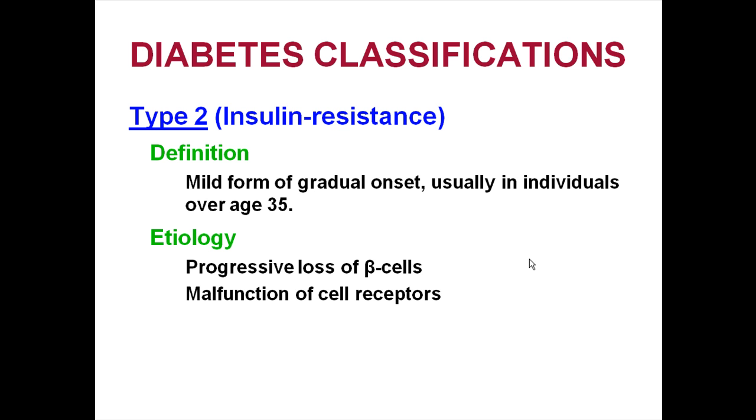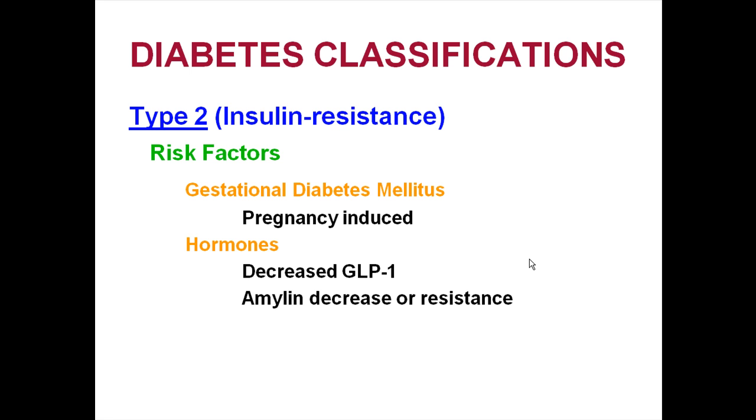So your cell receptors don't receive the insulin, and so even though you produce enough insulin, it doesn't work. So it's not an insulin problem. Type 1 is an insulin production problem. Type 2 is not. It's more of an insulin cell resistance problem, or a loss of beta cells progressively, a chronic kind of gradual loss of the beta cells.